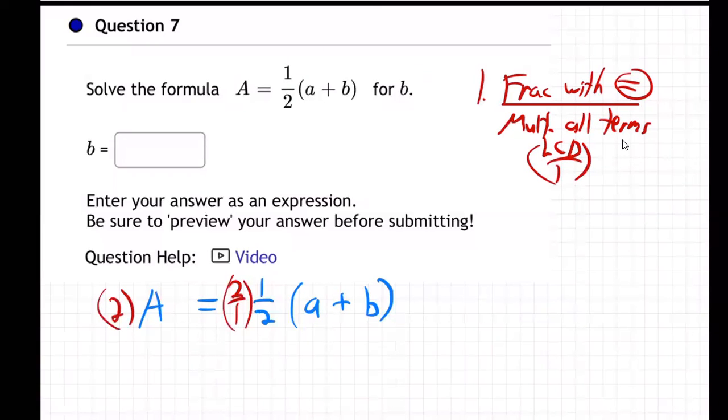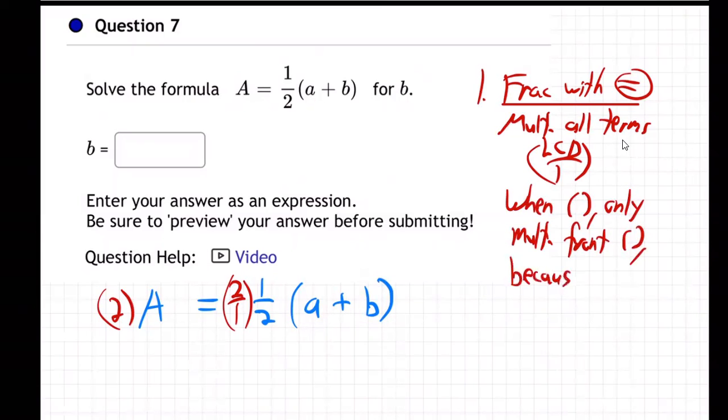Now, you might wonder, should you put it on the A and the B also? No. Whenever you have parentheses, let me write a note here. When there's parentheses, only multiply the front of the parentheses, because on the next step it will distribute inside.